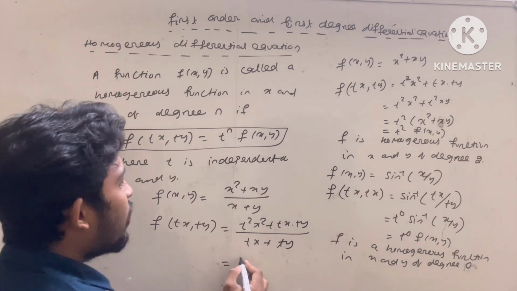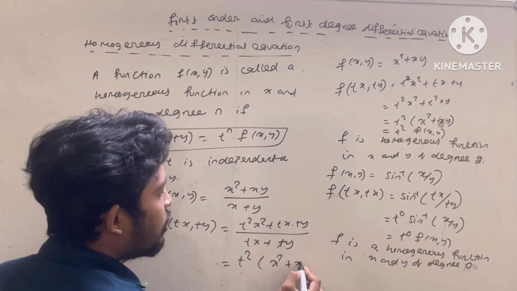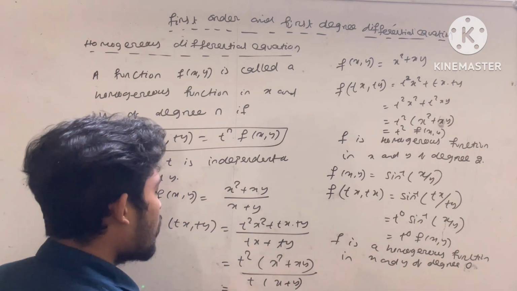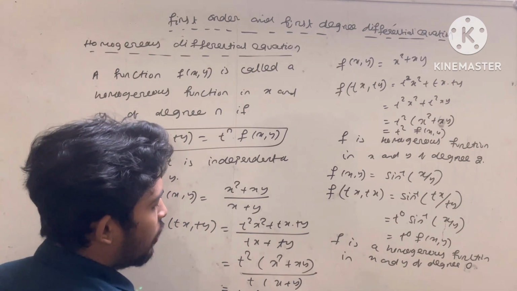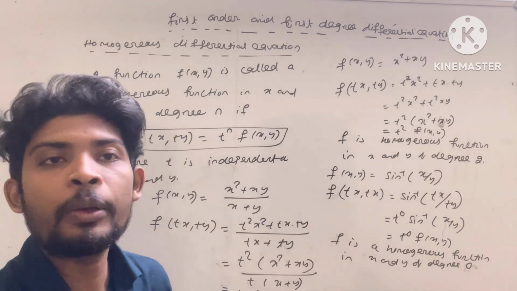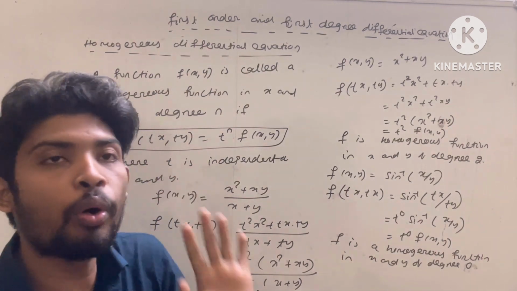So you get t squared times (x squared plus xy) divided by t times (x plus y). So you get t times f(x,y), right? So this is a homogeneous function in x and y of degree 1.